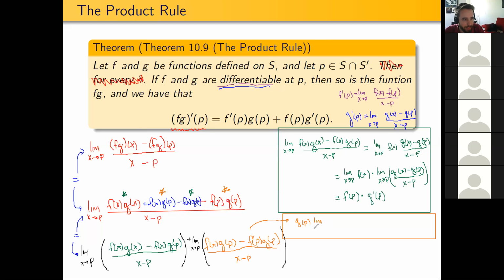So it'll be g of p times the limit as x goes to p of f of x minus f of p all over x minus p. And so that whole thing will simplify down to g of p times f prime of p. And we've actually completely, totally done it.